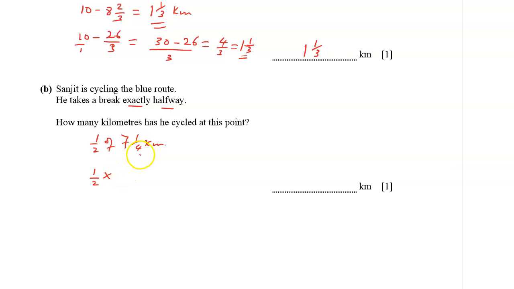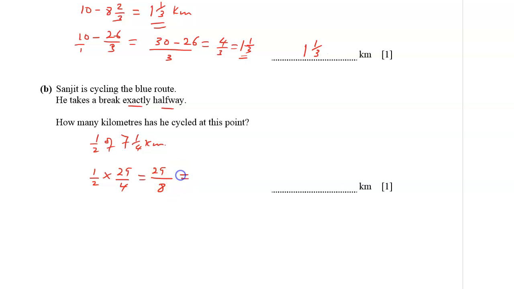And of course, to do that, just try half times 7¼. We can make this one a proper fraction. So 4 times 7 gives us 28. 28 plus 1 gives us 29 divided by 4. Therefore, this will give us 29 times 1 gives us 29. 4 times 2 gives us 8.